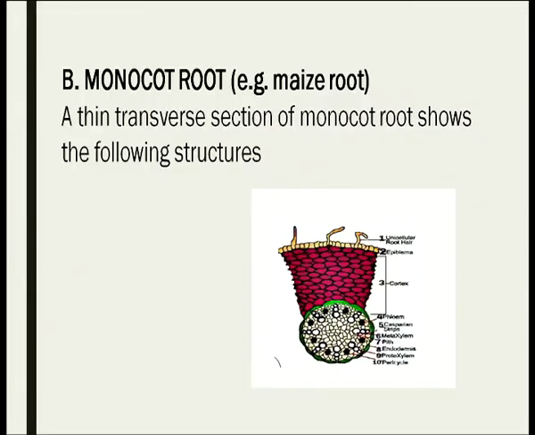So, now let us look at the monocot root. You remember we have 2 categories of plants, one is monocot, one is dicot. Dicot example is gram, and a monocot plant example is maize or corn.